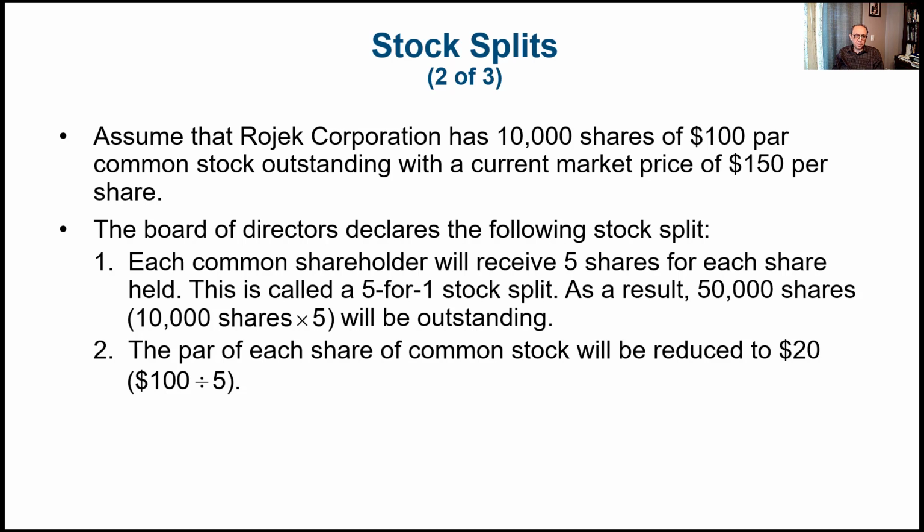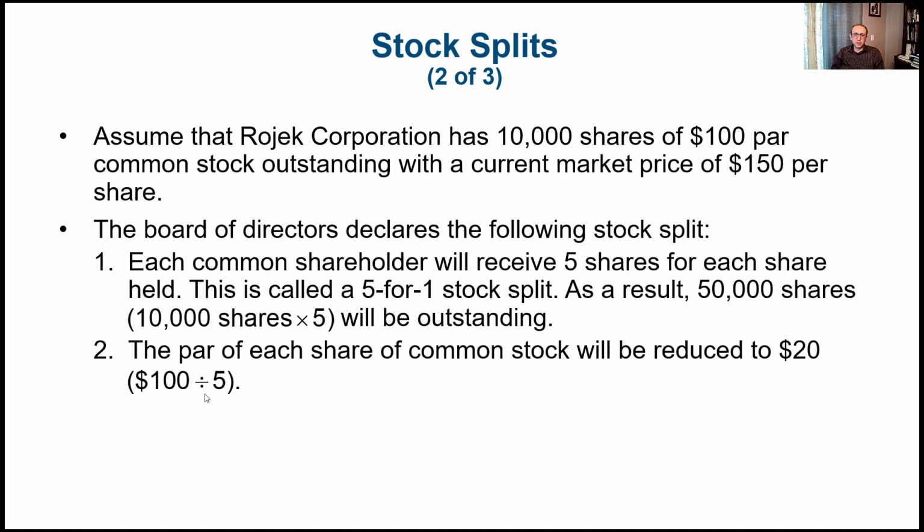So instead of the corporation having 10,000 shares, now it has 50,000 shares outstanding. So you can see here, we got the 10,000, which was originally issued by the company, multiplied by 5, and now we have 50,000. And of course, the par value, instead of being $100, now it's going to be 20 because we take the par value divided by 5.